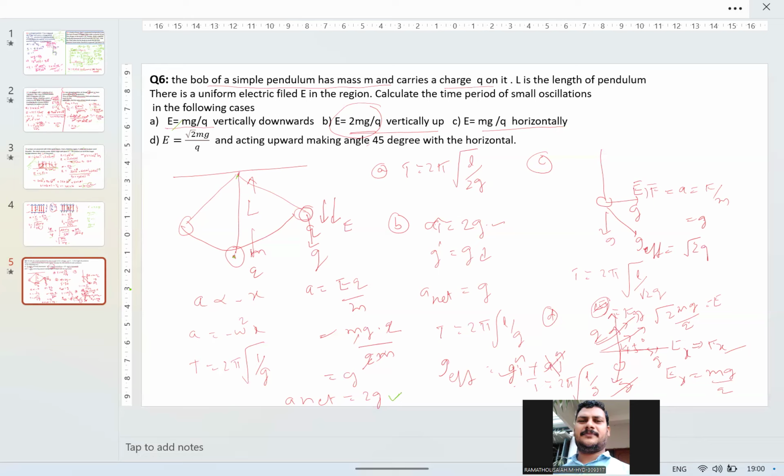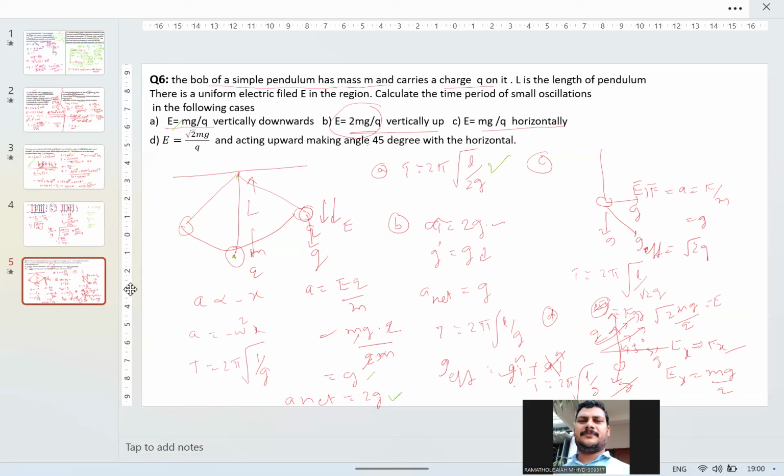Positive charge and downward field, with magnitude mg by q. So the acceleration from both the electric field and gravity is g plus g, that is 2g. Now the time period.